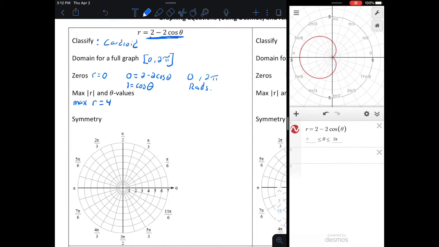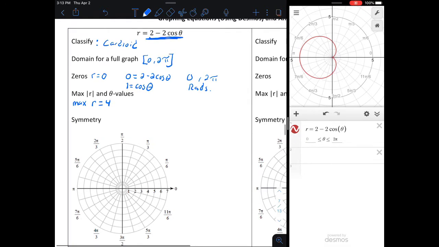The biggest value that cosine can output is 1, and in fact, I need it to be negative 1, because negative 1 times negative 2, added to 2, makes 4. Once I identify the maximum r value, I would set that equal here, so 2 minus 2 cosine of theta equals 4, and I would solve for theta, and that's going to be when cosine produces a value of negative 1.